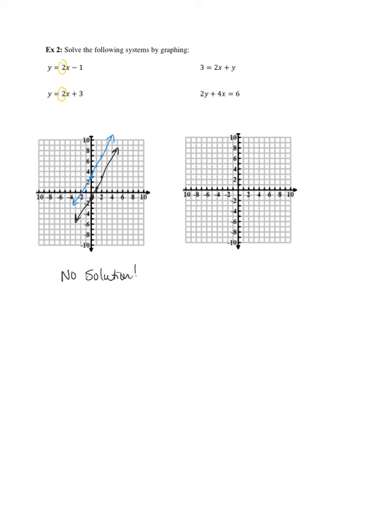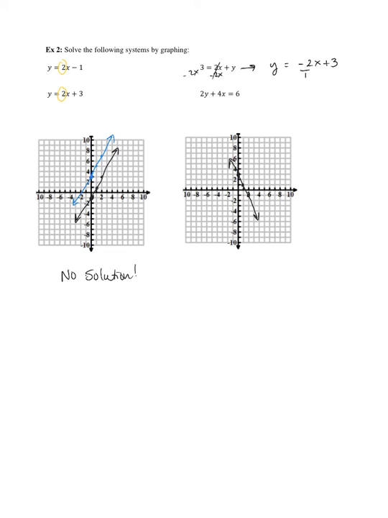My graph isn't perfect, but you can see no solution. Okay, one more. I'm going to subtract 2x from both sides, so this one becomes y equals negative 2x plus 3. We'll graph that. There's my y-intercept of 3, and the slope is negative 2 over 1, so down 2 over 1. Graphing that, there we go.